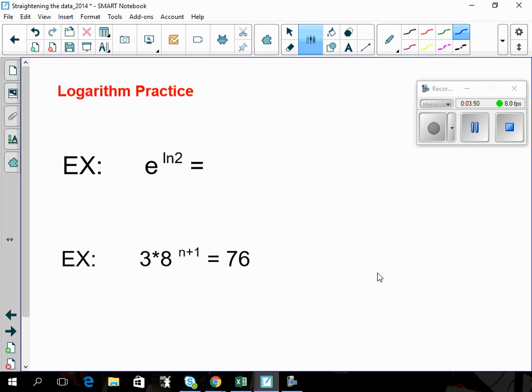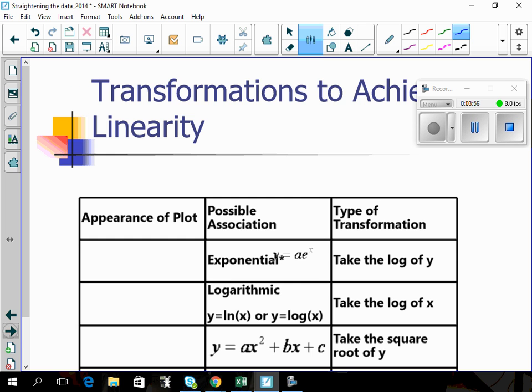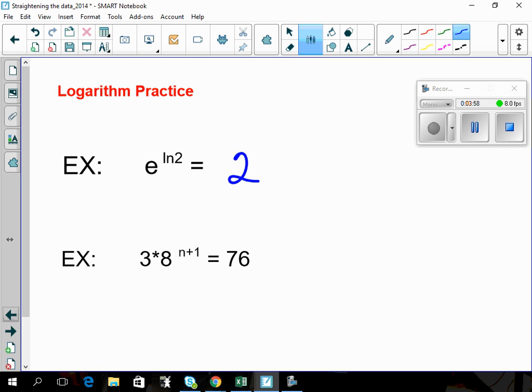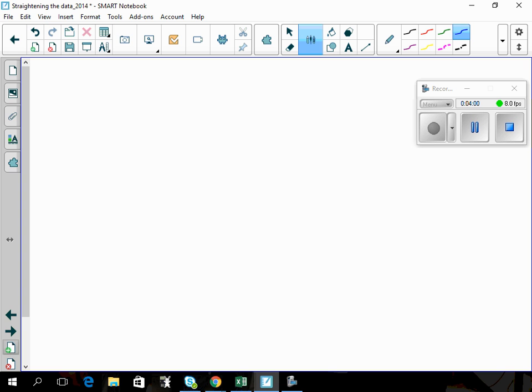So I know that the answer is 2. We know, let me see if I wrote it down the next thing. Nope, of course not. All right, let's talk about logarithmic form. So if I said, for example, a to the x power, hang on.